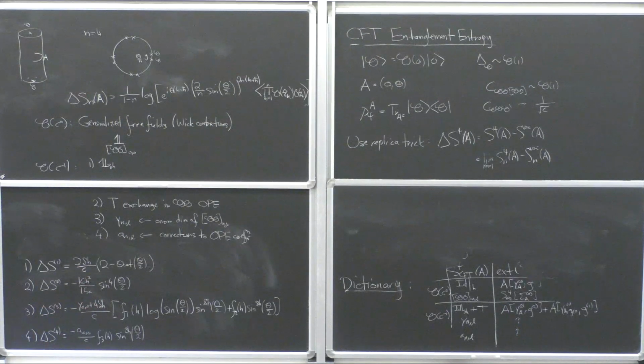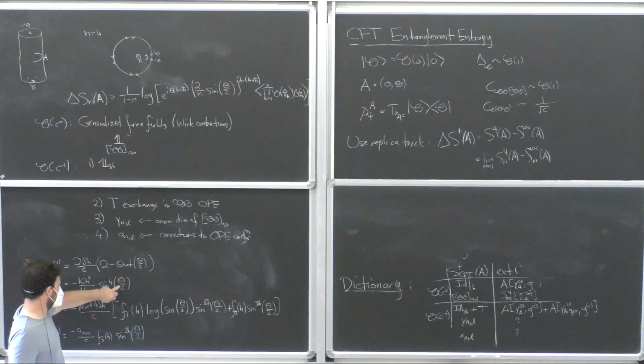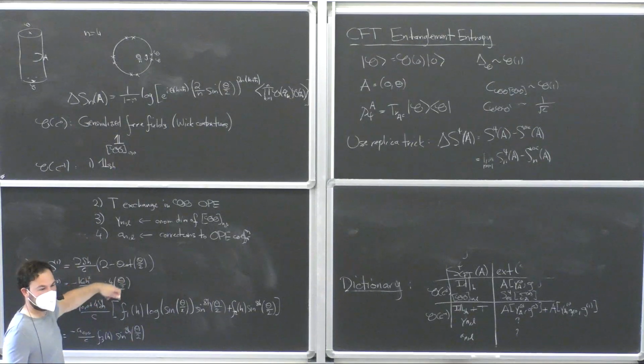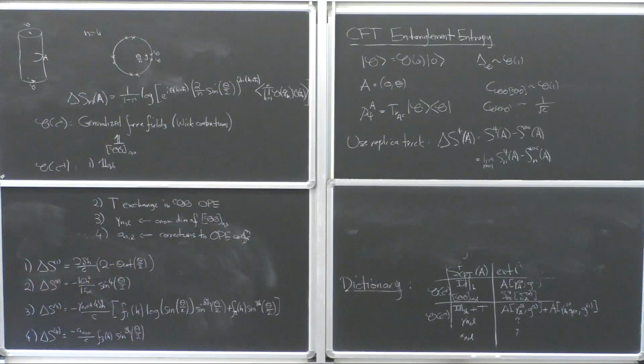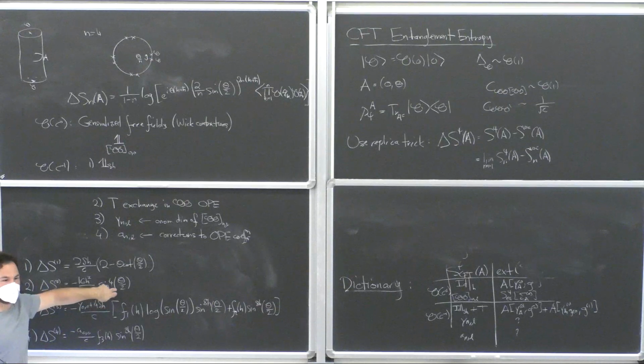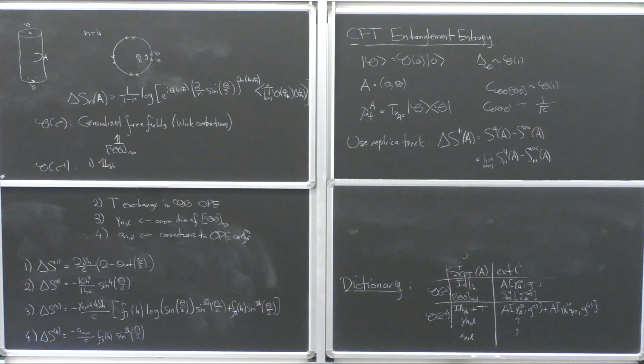So what order in theta are these valid to? These are valid at first order in theta, so this will be theta to the fourth, and it's valid at that order. But then at subleading orders, there'll be corrections. Yeah, I wrote it this way because we got exact answers in theta for this OPE case, but really you should think of this as a small theta expansion of these functions. I see. Right.